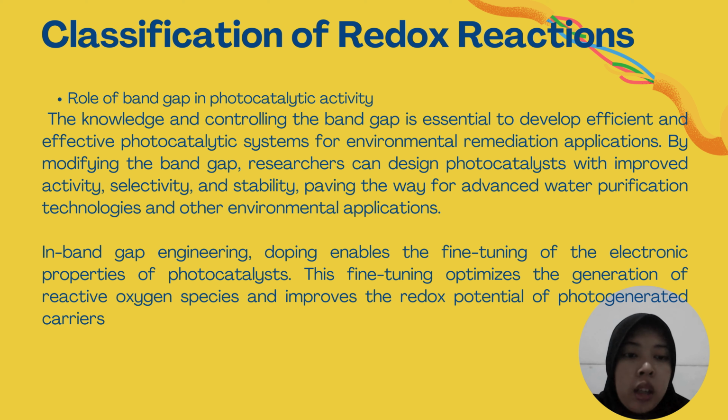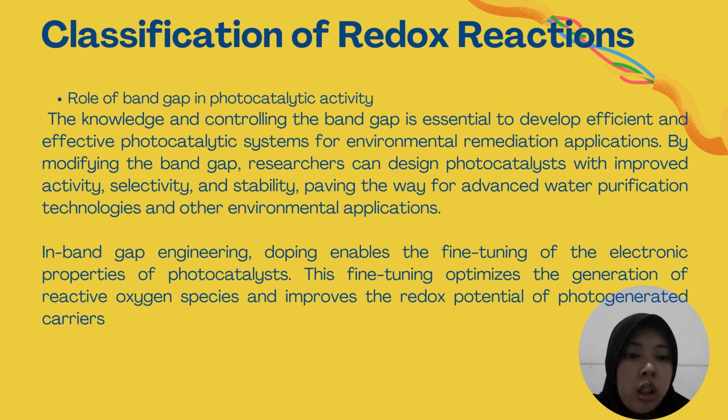In band gap engineering, doping enables the fine tuning of the electronic properties of photocatalysts. This fine tuning optimizes the generation of reactive oxygen species and improves the redox potential of photogenerated carriers.